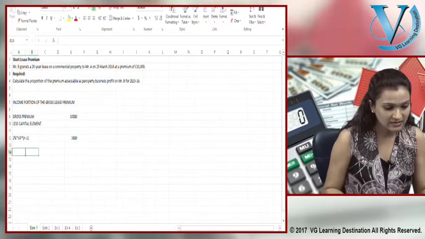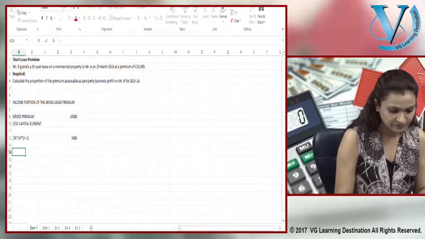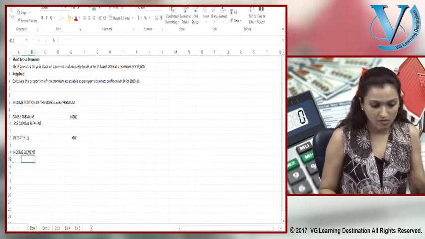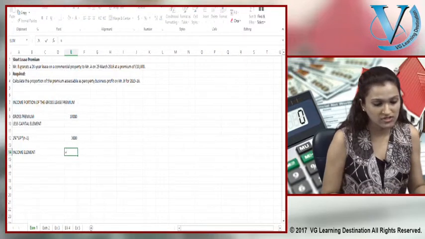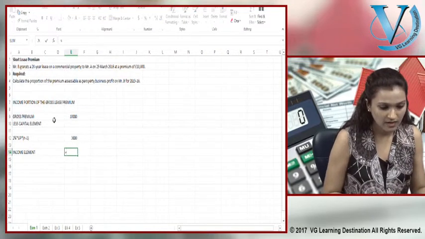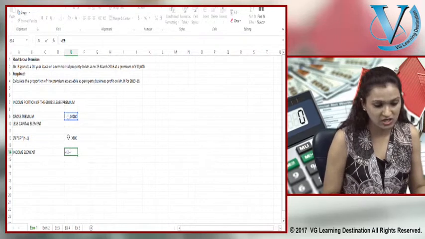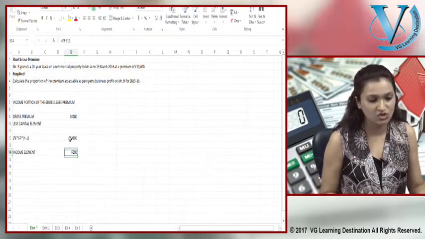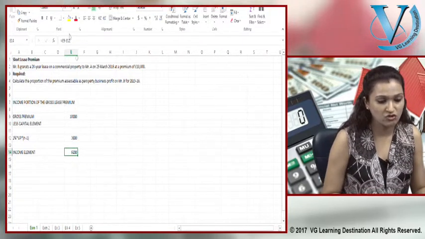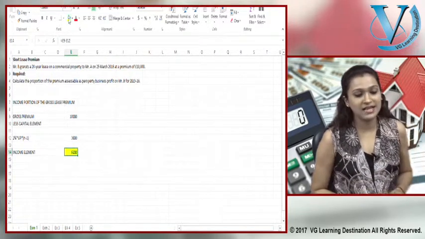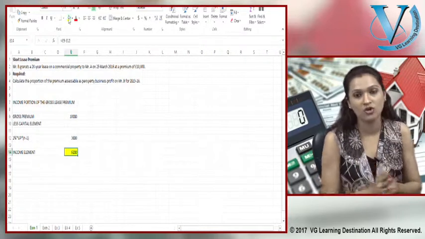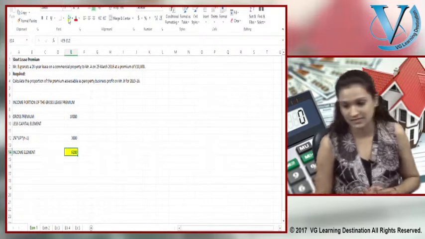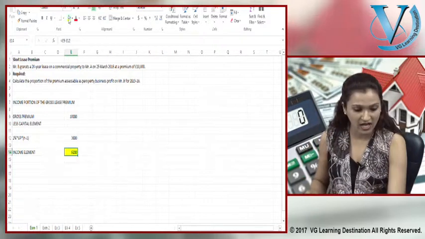The resulting income element is 10,000 minus 3,800, which comes out to be 6,200. This is the amount that you're going to add up in your calculation of business profits from the property business. So now let's move forward with our rules.